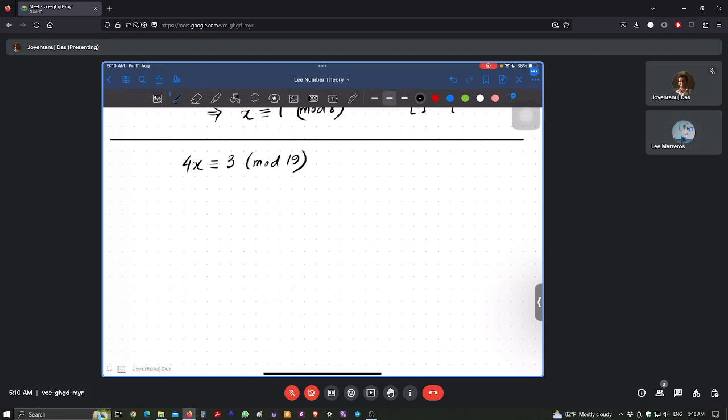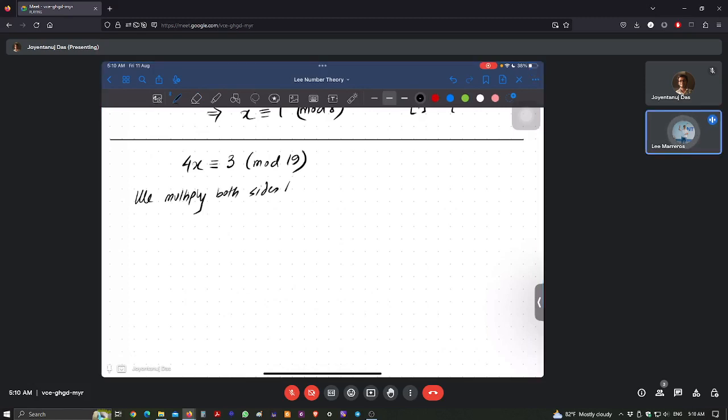So what I can do is, since this is an equation, we can multiply both sides by the same quantity. Everything here is in integers, because in modulo everything is an integer.